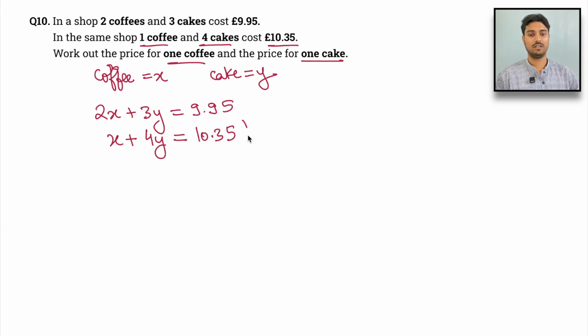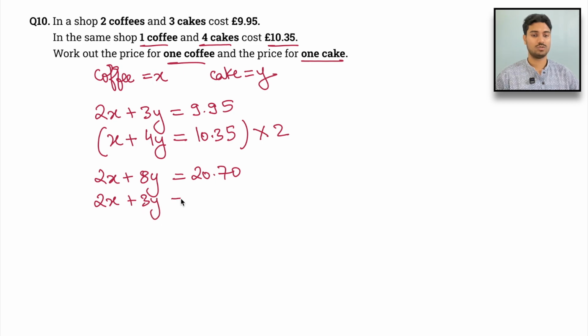We should use the elimination method here, so let's multiply the second equation by 2. So we'll get 2x plus 8y equals 20.70, and rewrite the first equation as it is, which equals 9.95. Let's subtract, so minus, minus, minus, this will cancel out.